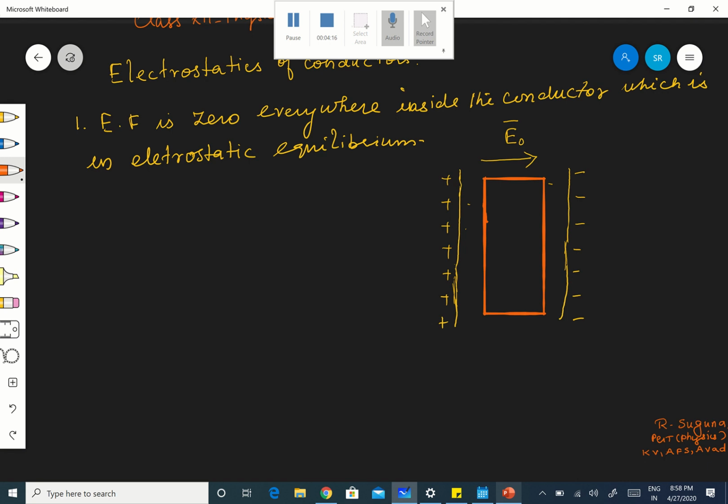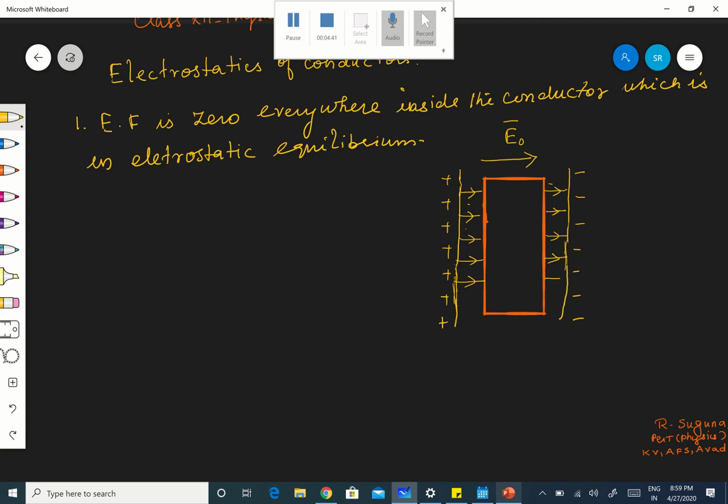Very good. Now what happens once I keep a conductor inside? Outside, what will be the direction of the electric field here? Now you draw. It is kept in a uniform electric field, that is E naught. So this is the electric field.